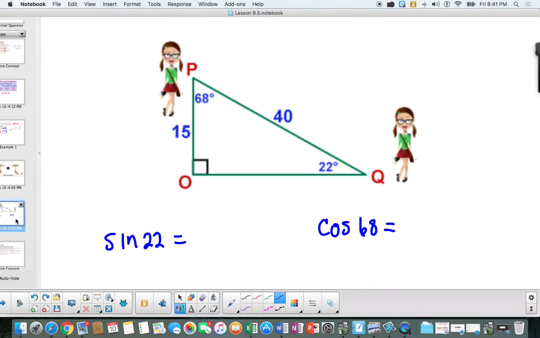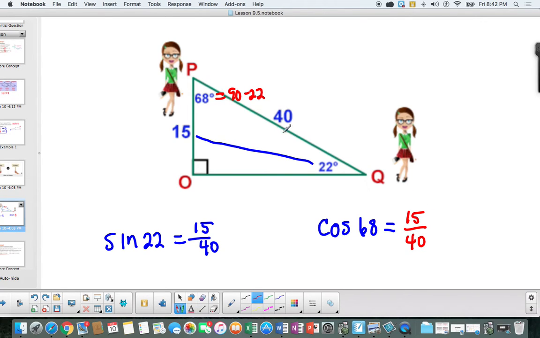When we take the sine of 22, the sine is the opposite over the hypotenuse. And when we go to the other acute angle, which is really 90 take away 22, then the cosine is the adjacent over the hypotenuse.